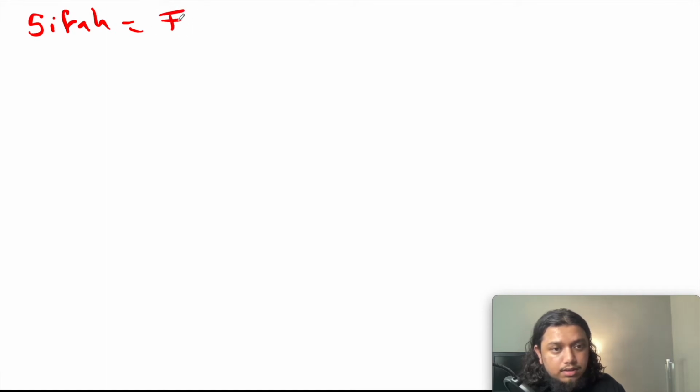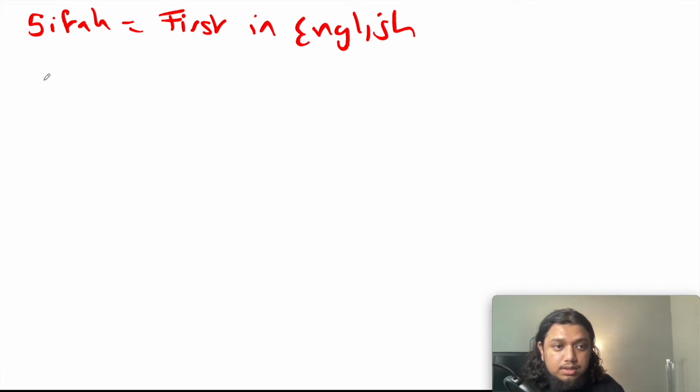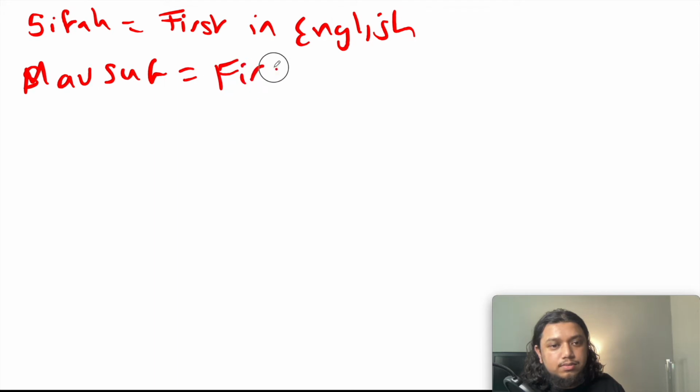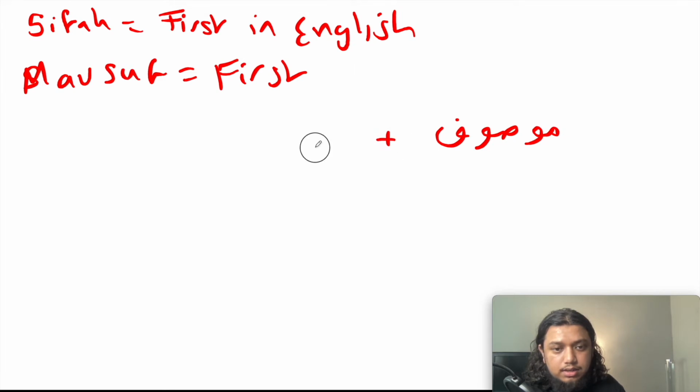One thing that is important to bear in mind is, in English, the sifah comes first. In Arabic, the mawsuf comes first. So the murakkab tawsifi consists of the mawsuf and sifah.